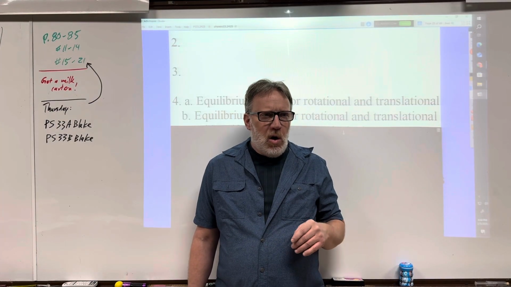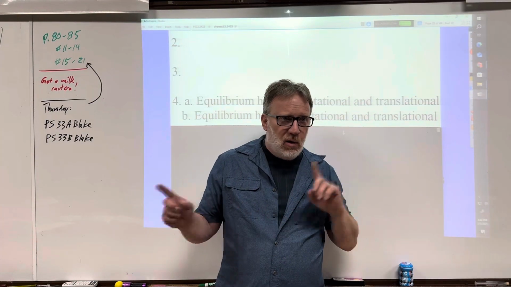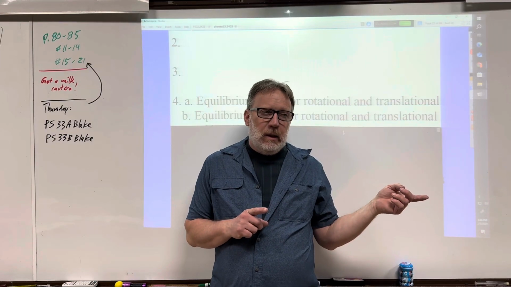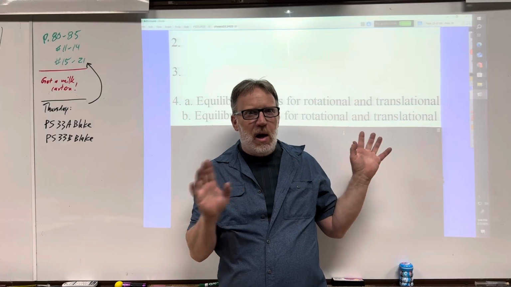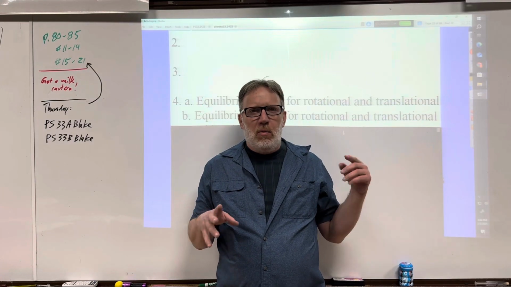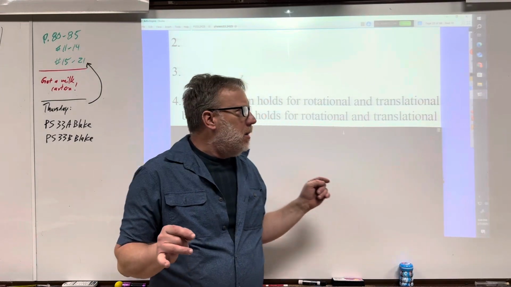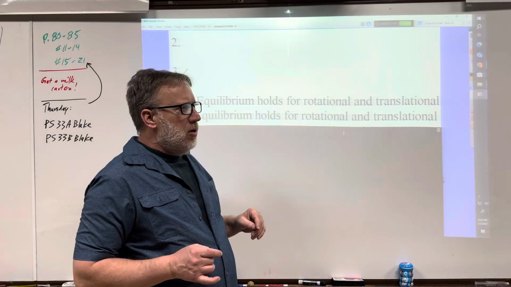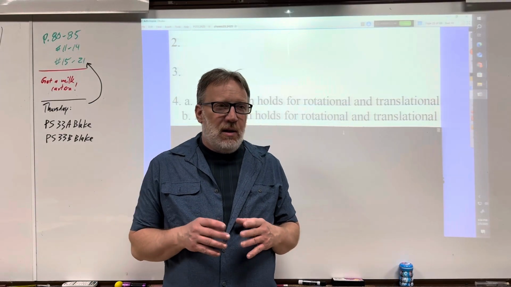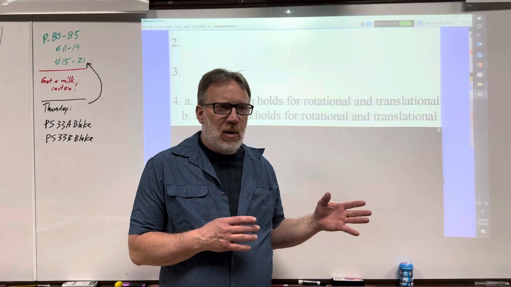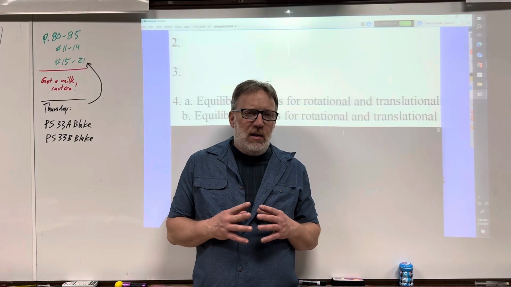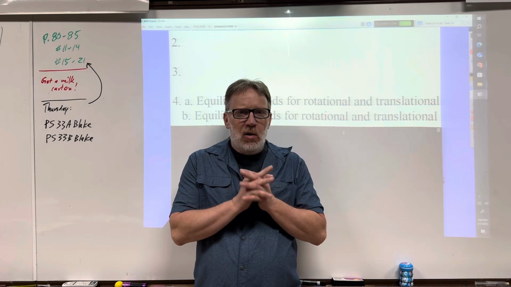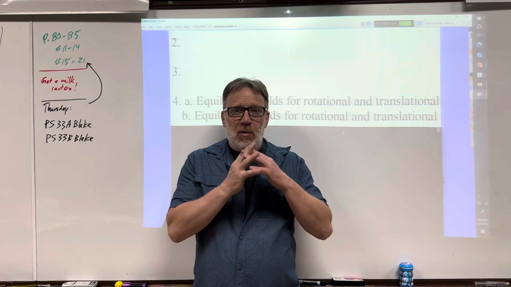Now, Newton's first law deals with translational motion. It's a little more complicated when it's rotational. It still applies, but we're not going to discuss that, I don't think. But my point is, Newton's first law, objects at rest tend to stay at rest, objects in motion tend to keep that motion. That sounds like two statements, it's not. A better way to say it is objects have an inertial tendency to keep the motion they have.